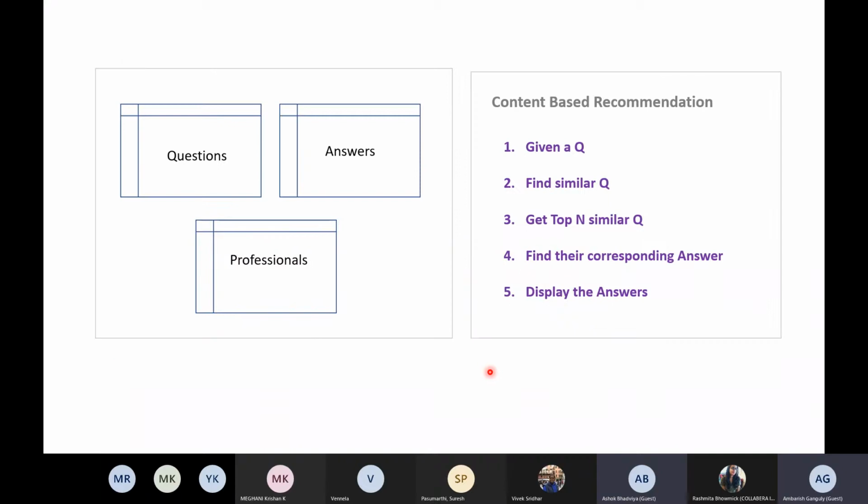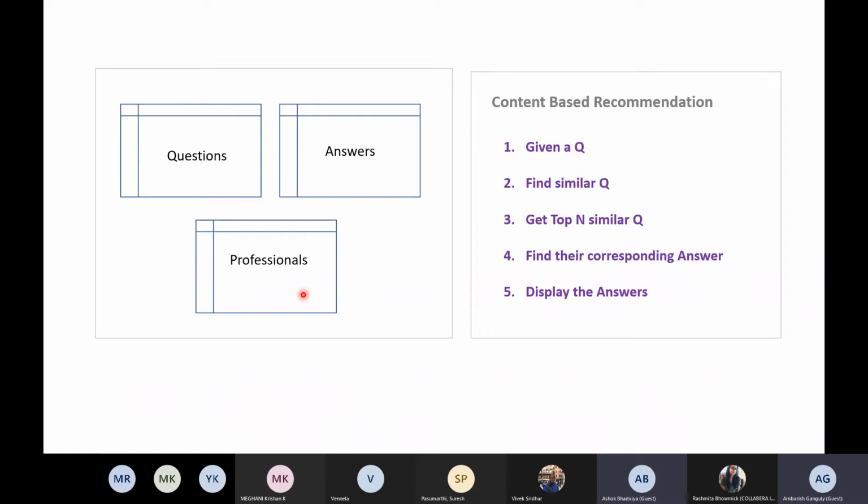We had the questions, we had the answers, and we had the professionals. There were several other data sets as well. I took only the questions and the answers.